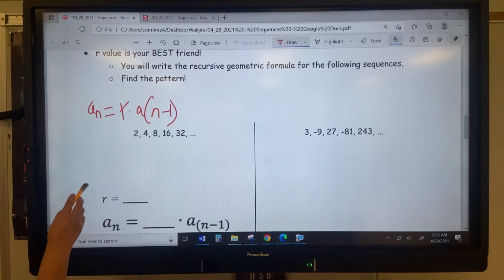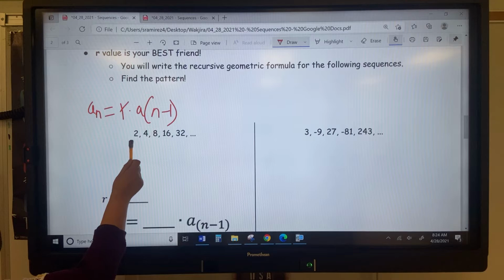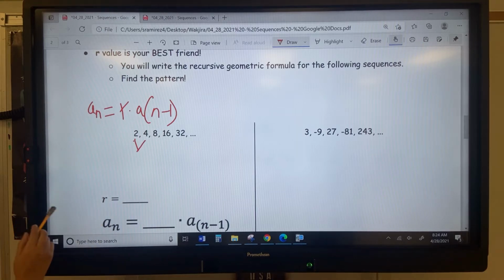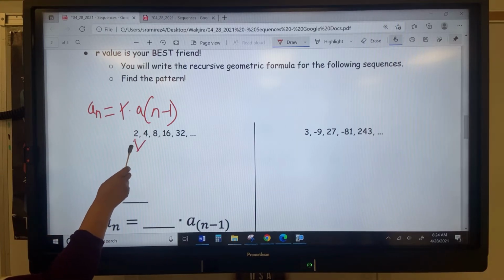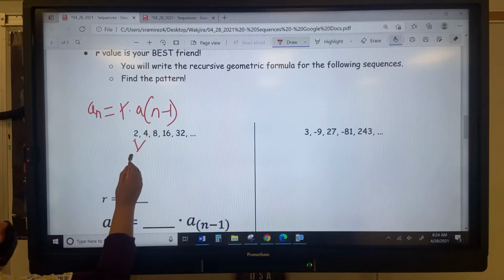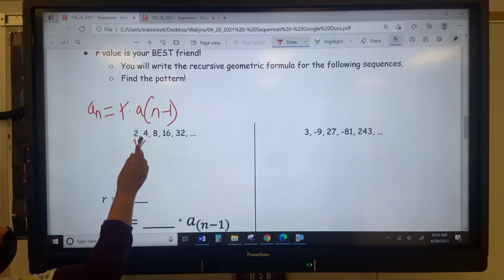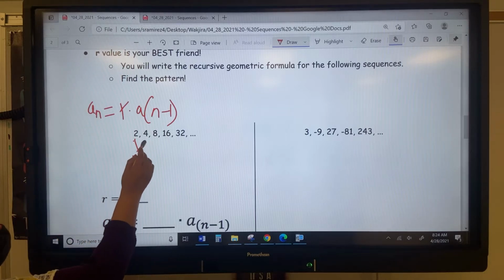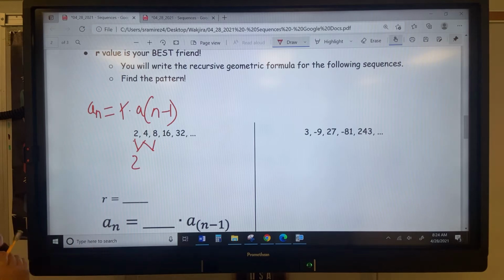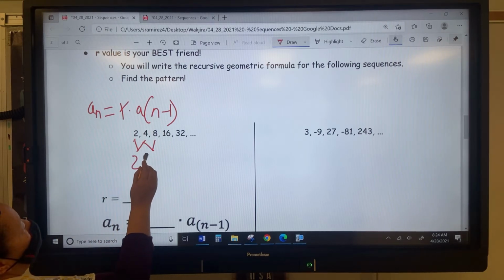So in order for us to find R, we have to find what happened between 2 and 4, what multiplies 2 in order for us to get 4. That is 2. Then from 4 to go to 8, what multiplies 4 in order for us to get 8? That is 2 again.